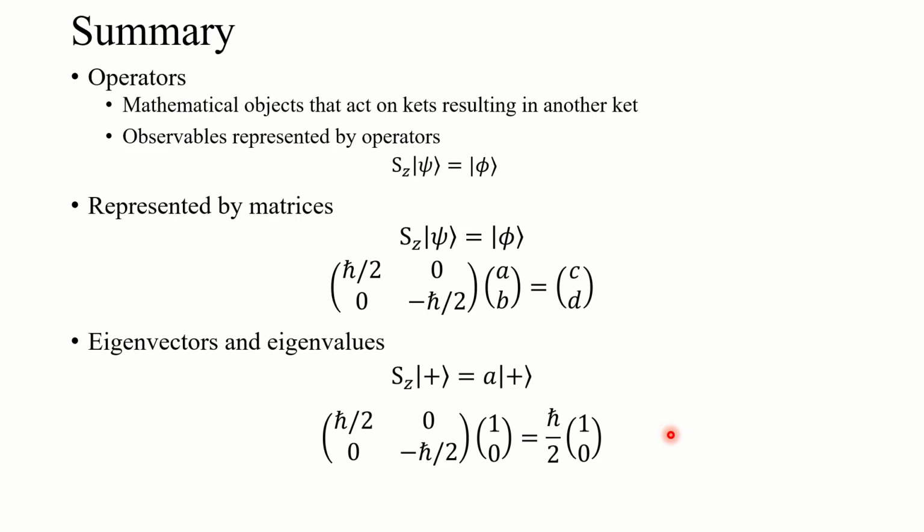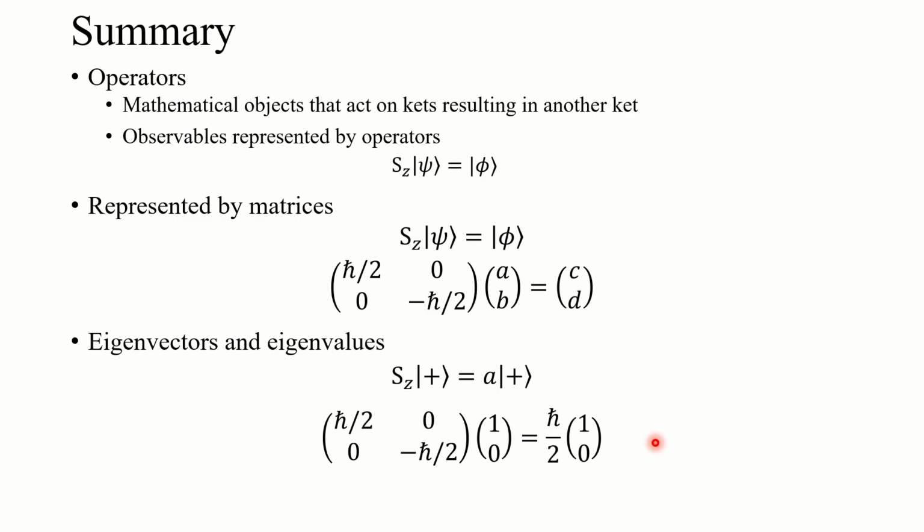Now, today what we're going to look at is coming about this the opposite way. When we talked about operators last time, we started with S sub z, something where we already knew the eigenvalues and eigenkets. What's more often the case is you're given some other operator, say S sub x or S sub y, you're given the matrix representation in that basis, and you have to figure out what the eigenkets or eigenvectors and the eigenvalues are for that, which is a process called diagonalization.